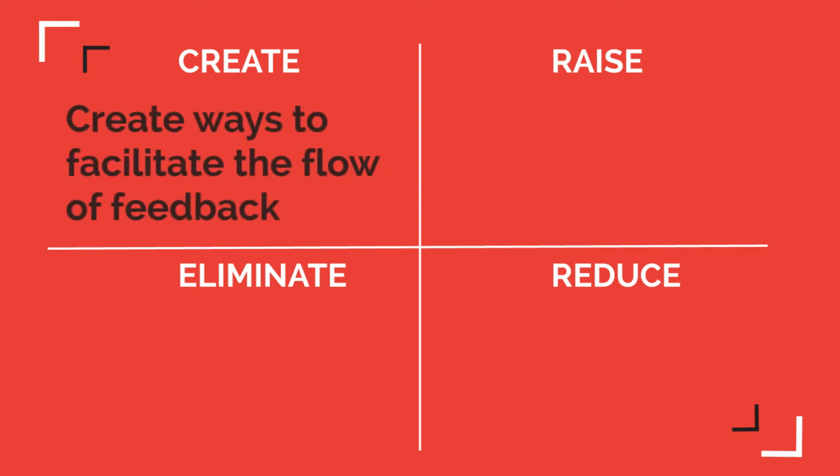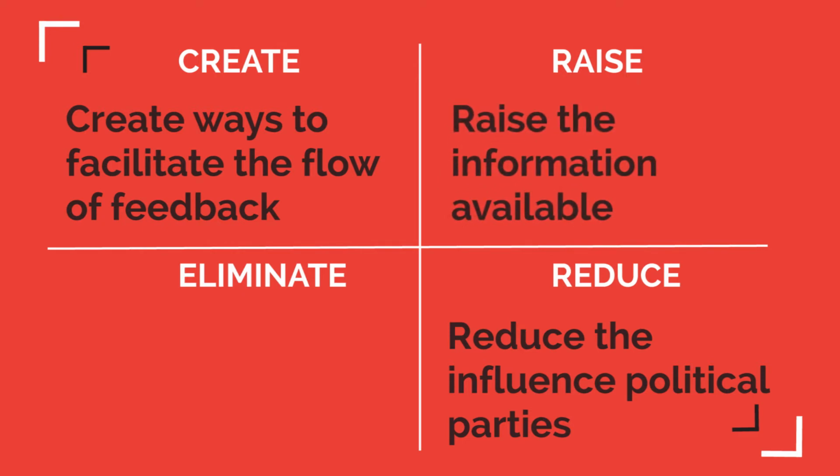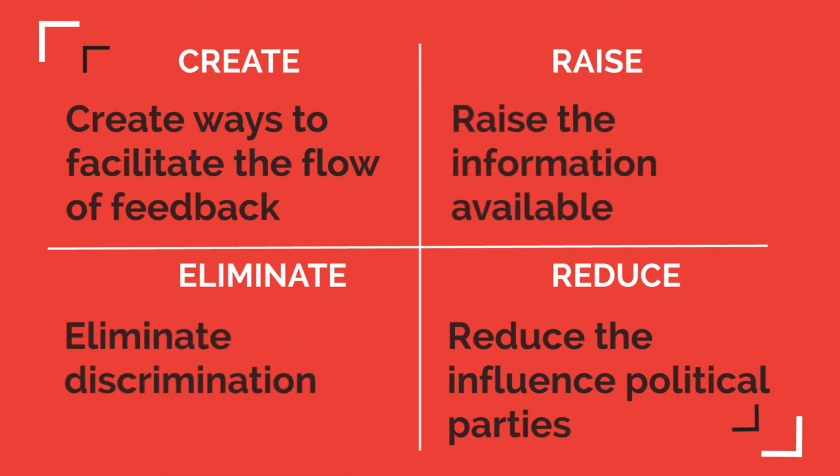Create ways to facilitate the flow of feedback between community members, VDC, and service providers. Reduce the influence of political parties in deciding how to allocate resources. Raise the information available about the budgeting process and service delivery, and eliminate discrimination based on caste and class.